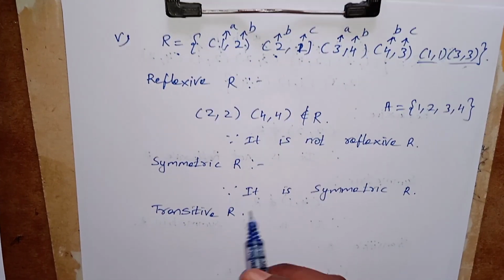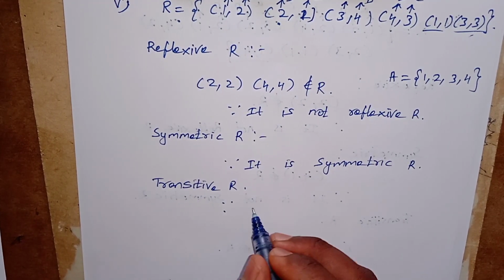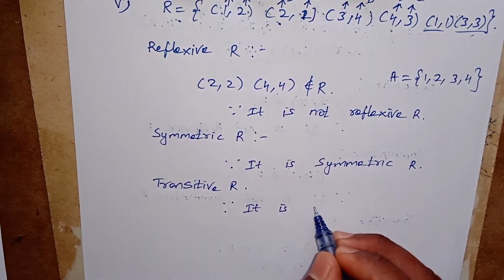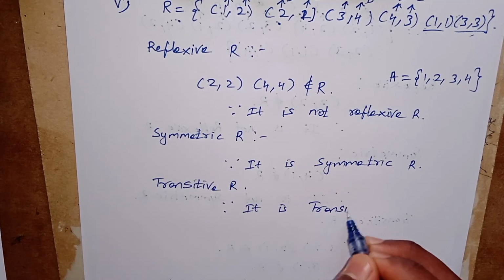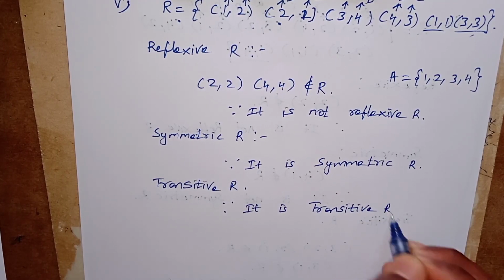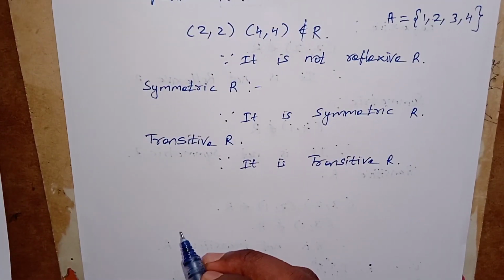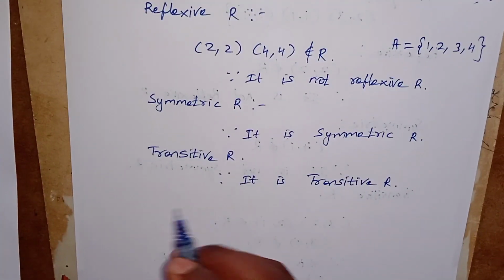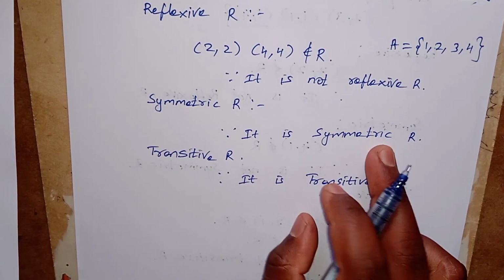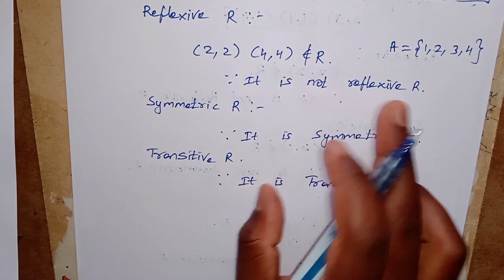Okay, therefore here it is satisfying transitive relation. Okay, finally you should write here it is symmetric and transitive but not reflexive.